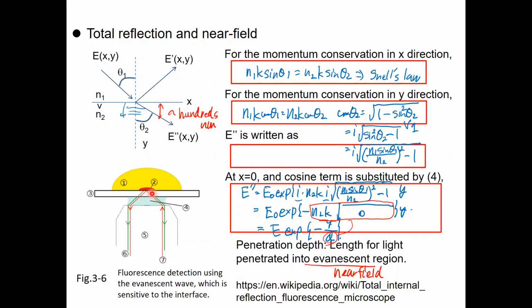That's why the light is totally reflected. But even if the light is totally reflected, the light field can penetrate into the sample only about 100 nanometers. So you can obtain information at the very surface region of the sample. Okay, so that's it.